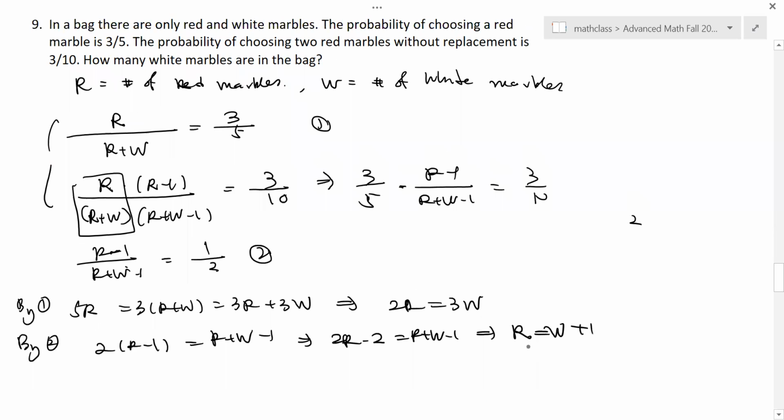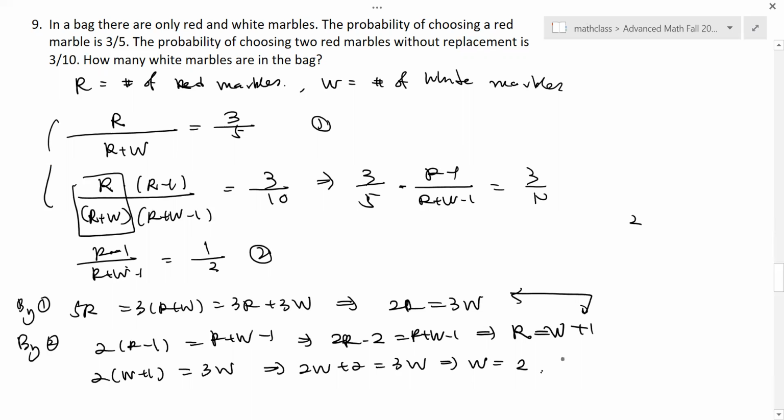Okay, so now you have two very simple equations, and you can solve for W. In equation 1, you can replace R by W plus 1. So 2 times W plus 1 equals 3W. That implies 2W plus 2 equals 3W. That implies W equals 2. Once you get W equals 2, that's R equals 3.